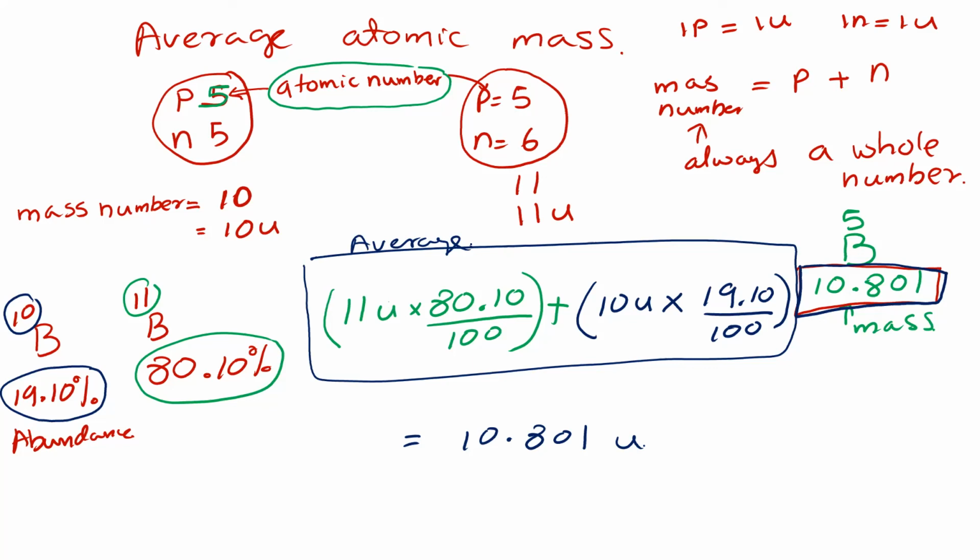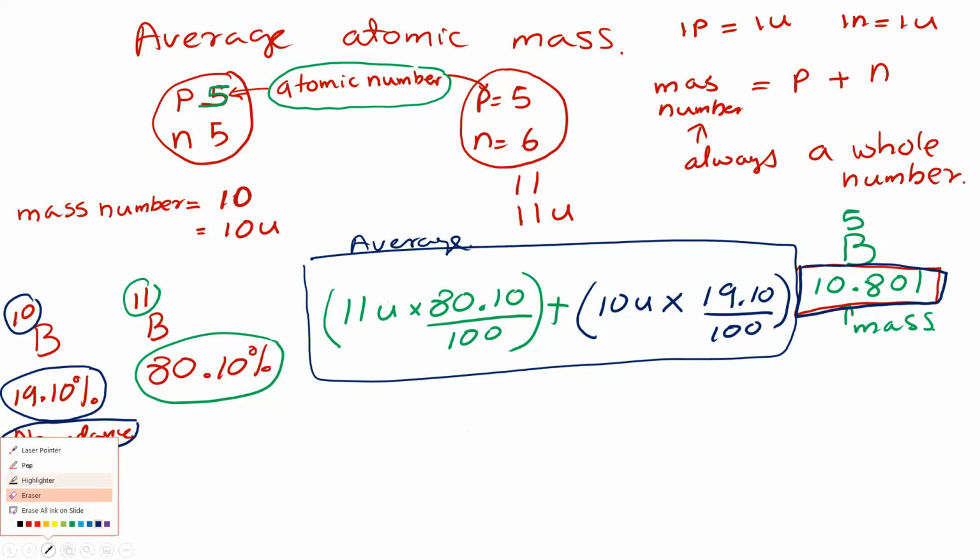But here, that is not how we do it. We consider the natural abundance of the isotopes. So how do we calculate it?